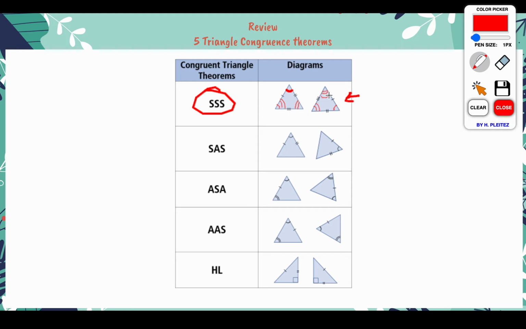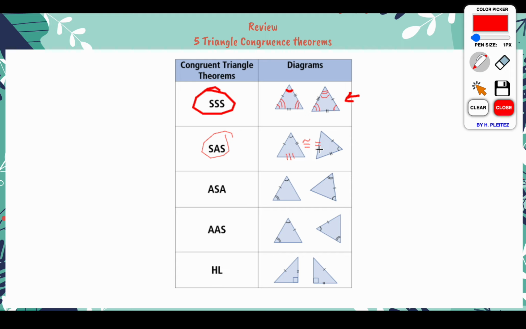And then let's say, on the other hand, that we used side angle side to say that the 2 triangles were congruent, right? CPCTC allows us to make info about the other missing parts. For example, if we know that these 2 triangles are congruent using side angle side, we're able to use CPCTC to say, hey, this third pair of corresponding sides must be congruent, and the same thing goes for the angles as well.